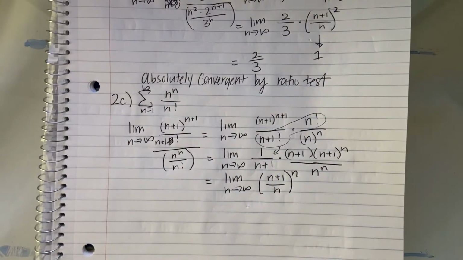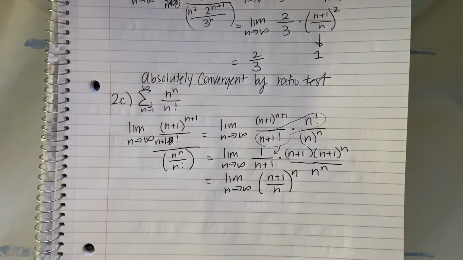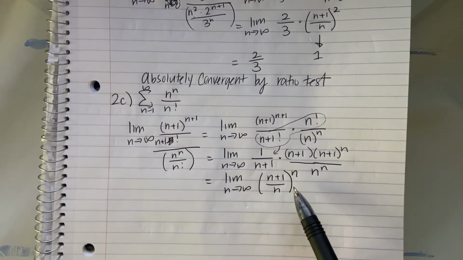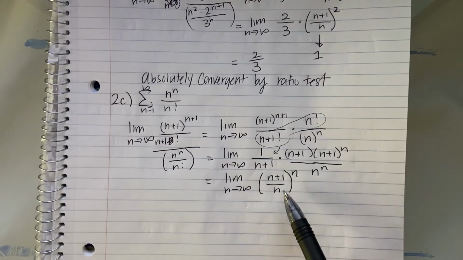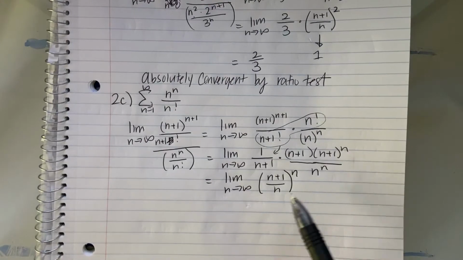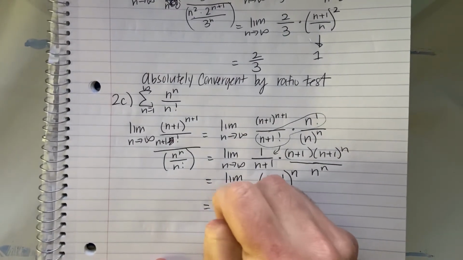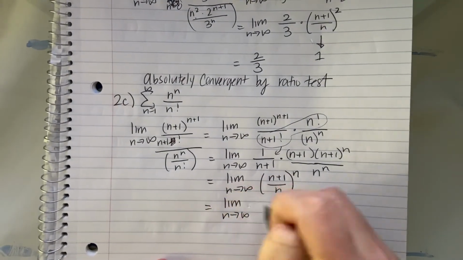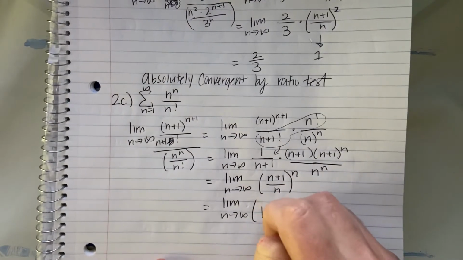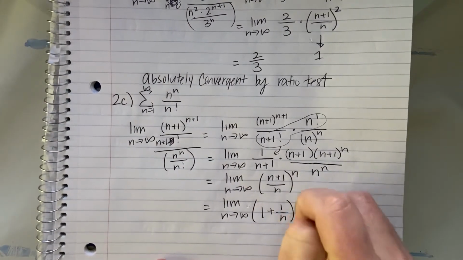Now, what's interesting here is, in the past, when we were to the first power or squared, this became just 1, which was inconclusive. However, n plus 1 divided by n is the same as 1 plus 1 over n, to the n.